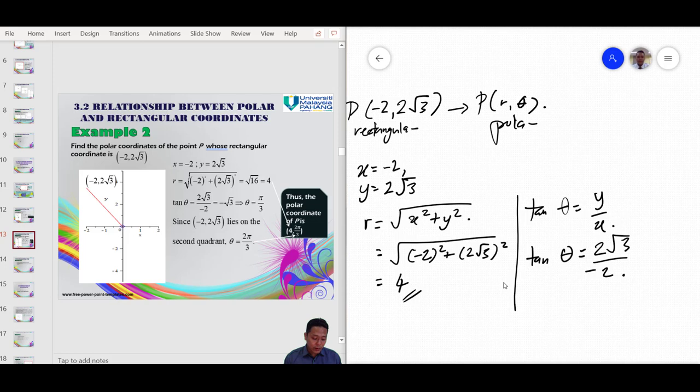Okay, negative square root 3, and the angle will be the inverse of tangent of negative square root 3. Shift tangent negative square root 3, you get negative 60, if you put it in the calculator. So negative 60 is negative pi over 3.